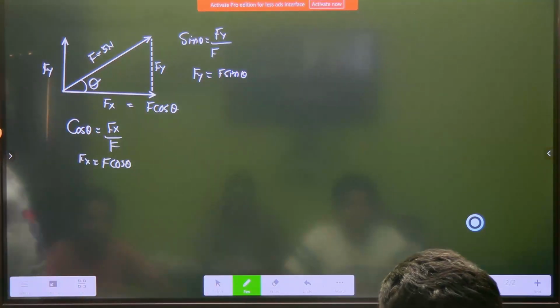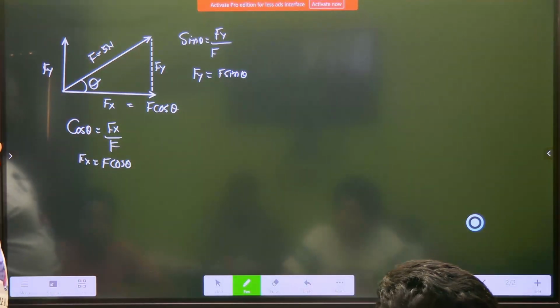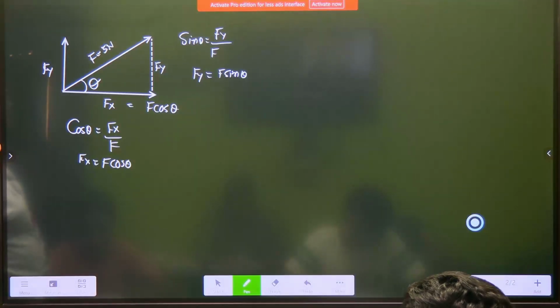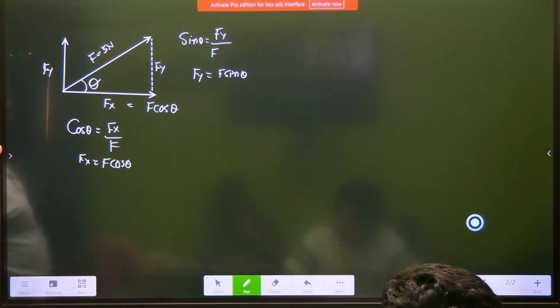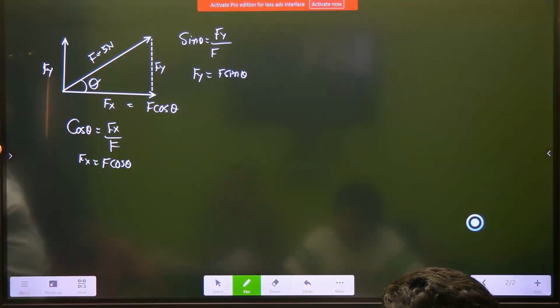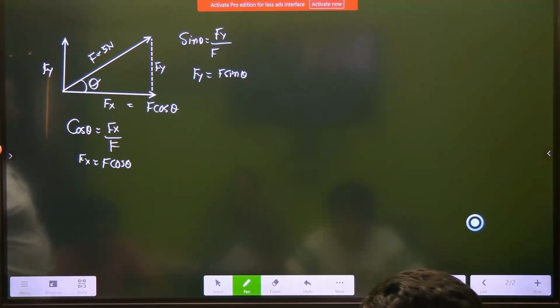So whenever you see a force or any vector, the vector can be momentum, displacement, or force, it can be resolved into two components. The horizontal component is always F cos theta, the vertical component is always F sine theta, and theta is the angle between the vector and the horizontal.